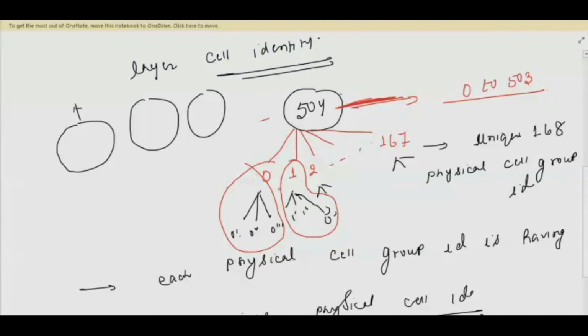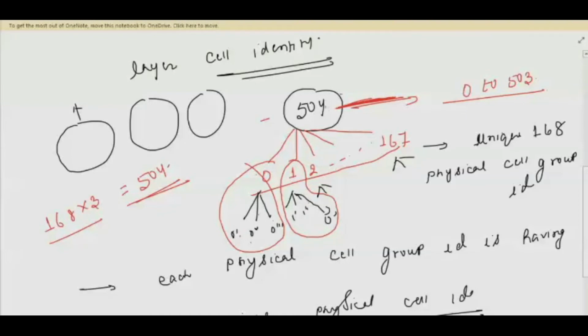So there are a total of 168 groups, each group has 3 combinations. 168 multiplied by 3 equals 504. So your UE's goal is to reach here.